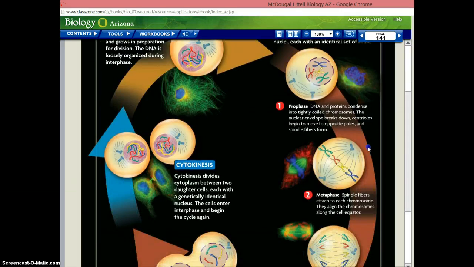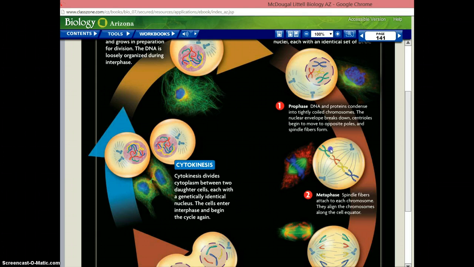Metaphase right here, we can see that the spindle fibers are indeed attaching to the chromosomes. This is a drawn image, so the chromosomes are quite neatly arranged down the middle of the cell. It's not so pretty in reality, but illustrations are illustrations, I suppose. Recall that the centromere is the center of each chromosome where the two chromatids in each duplicated chromosome connect.